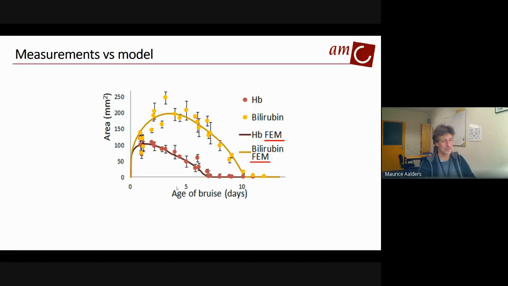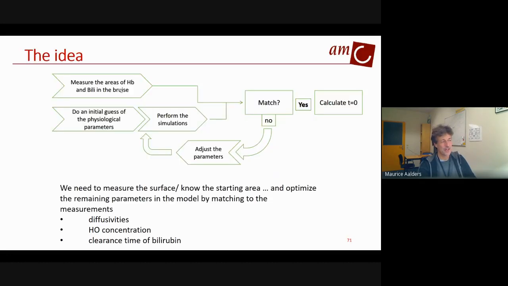So here we started about 20 hours after inflicting of the bruise, and then we did a lot of measurements. So this is not super realistic, but this is the finite element model. We measure the areas on the patient. We do an initial guess of the physiological parameters, like the diffusion speed and the activity of the enzymes for converting blood into bilirubin. We do a simulation. If they do not match, we adjust the parameters. So we do a loop until our measurements match the simulations, or the other way around.